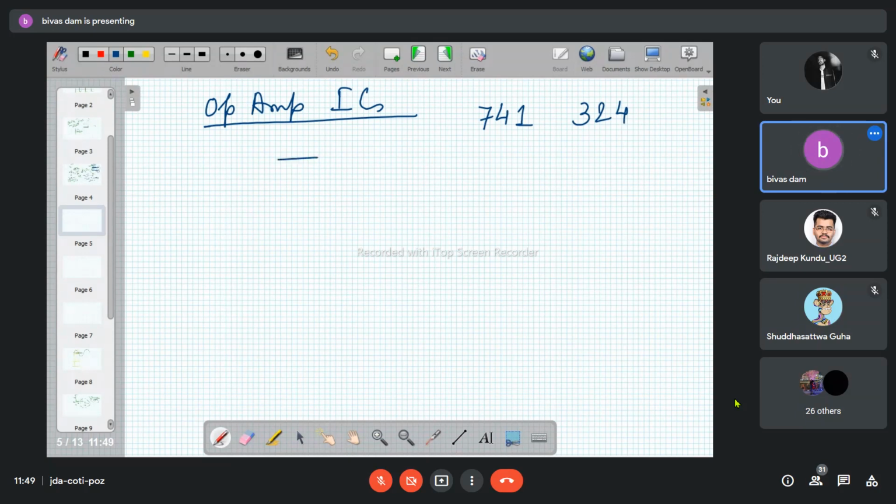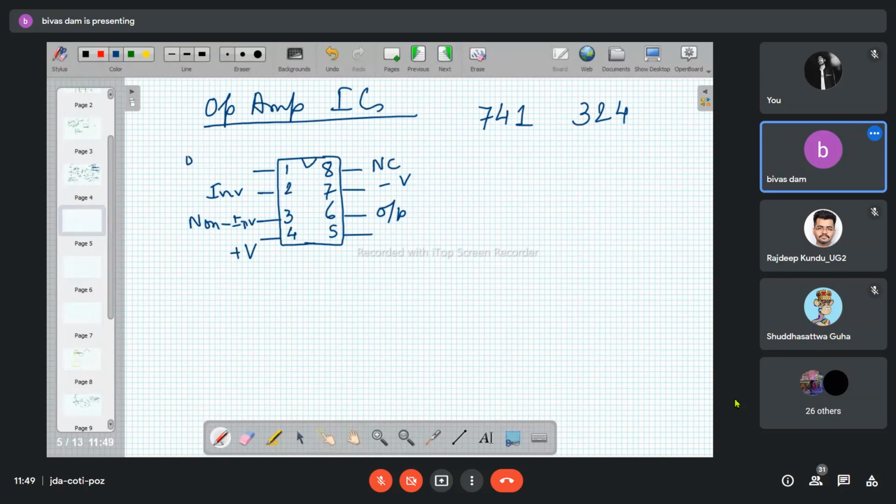The 741 is an 8-pin device whose individual pin functions are given.